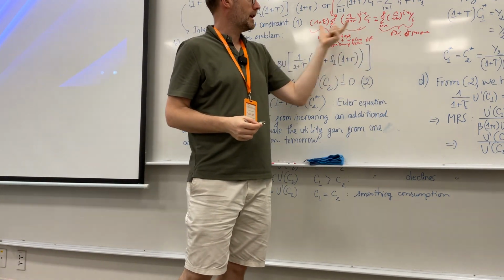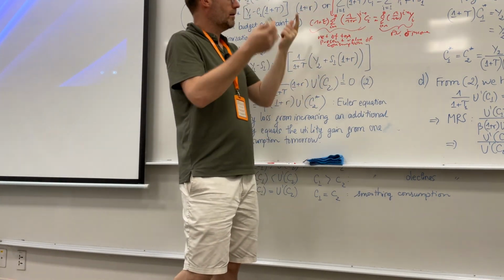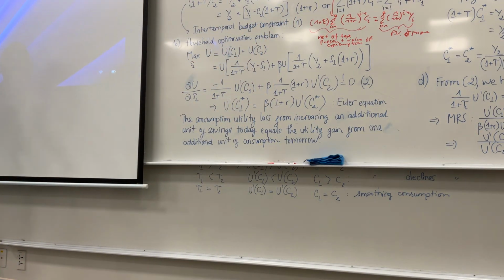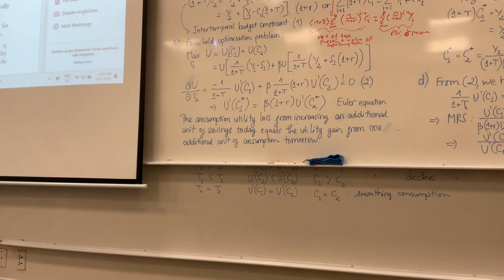So if we keep our income the same, we have to pay more for consumption in all periods. I think that's going to make consumption go down, right? We're going to do the math, but that's my first intuition.